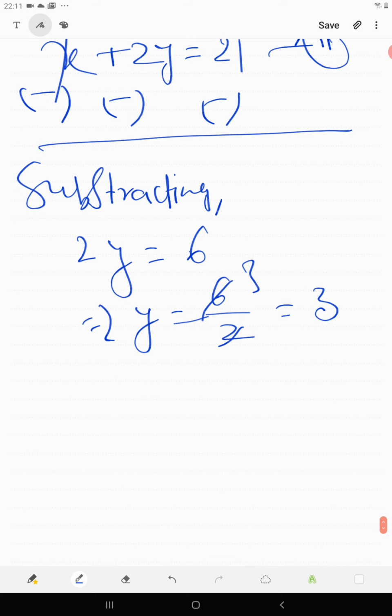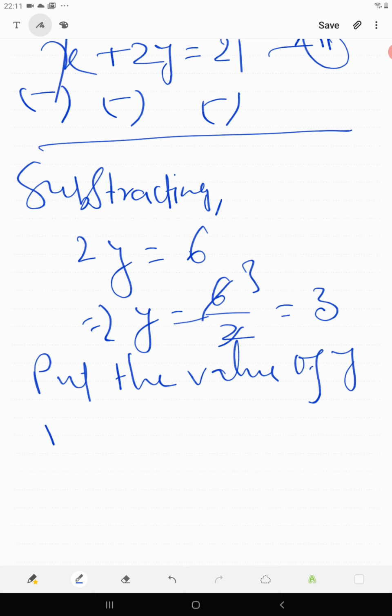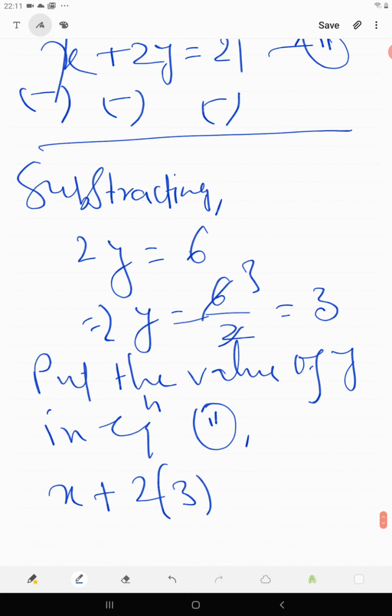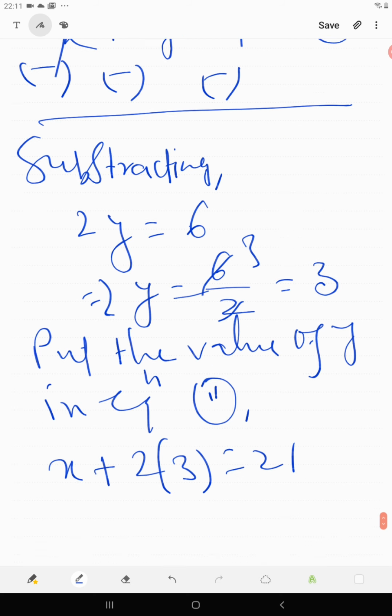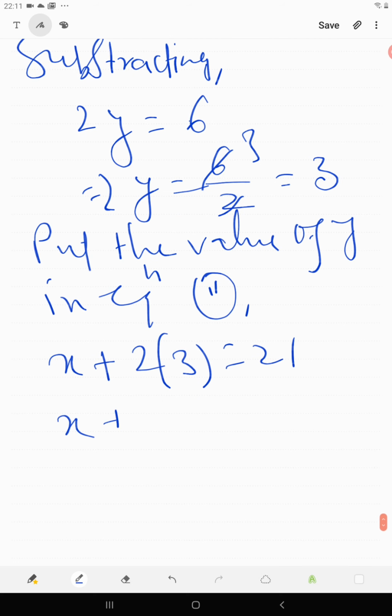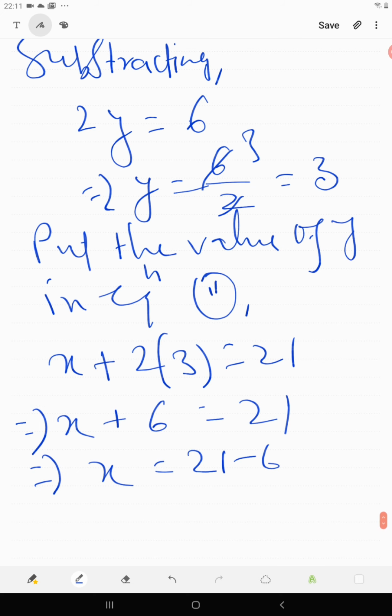Now put the value of y in equation 2. So what will we get? x plus 2 into 3 equals 21. Correct? So x plus 6 equals 21. So x equals 21 minus 6, that is 15.